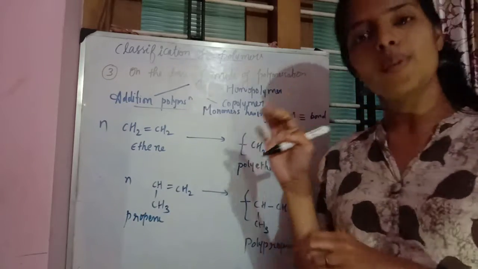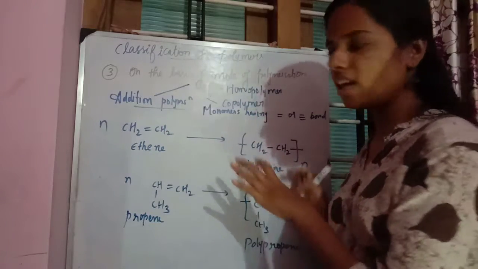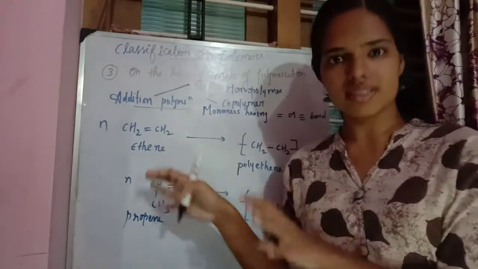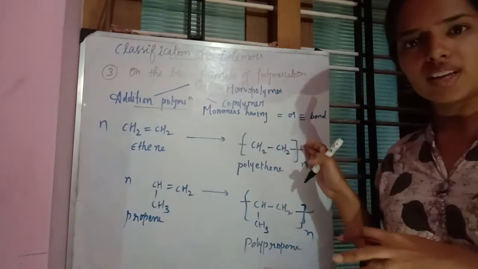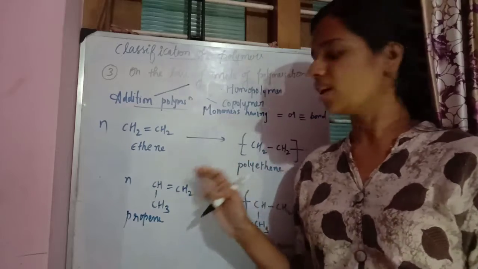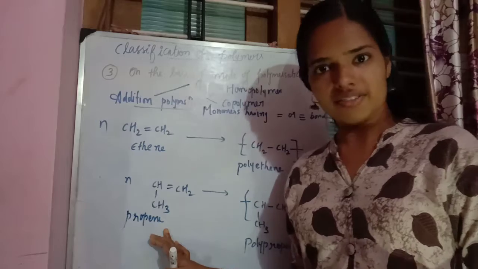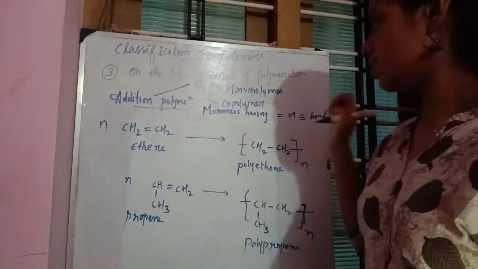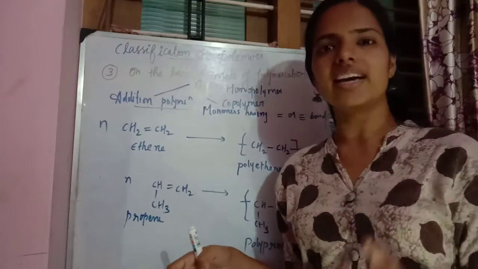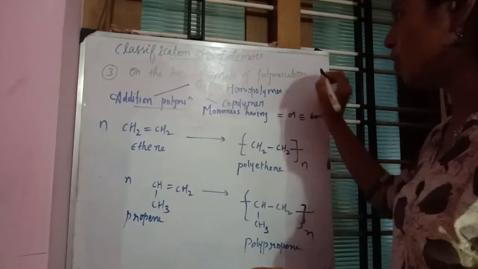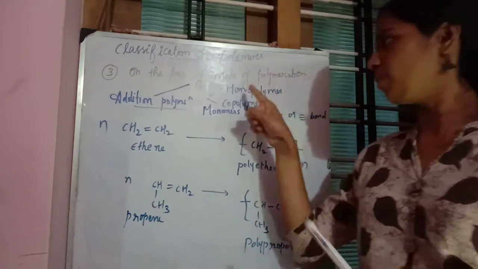In case of polyethene, only n number of ethene molecules are combining, right? These all add together to form polyethene. So only one kind of monomer is there. In case of polypropene also, the only monomer we have is propene. Fine. So polymers formed by the combination of only one kind of monomer are known as homopolymers. So here polyethene and polypropene are examples of homopolymer.